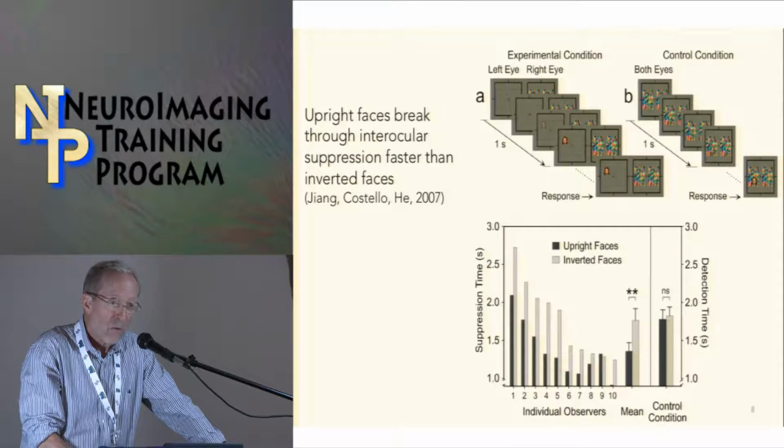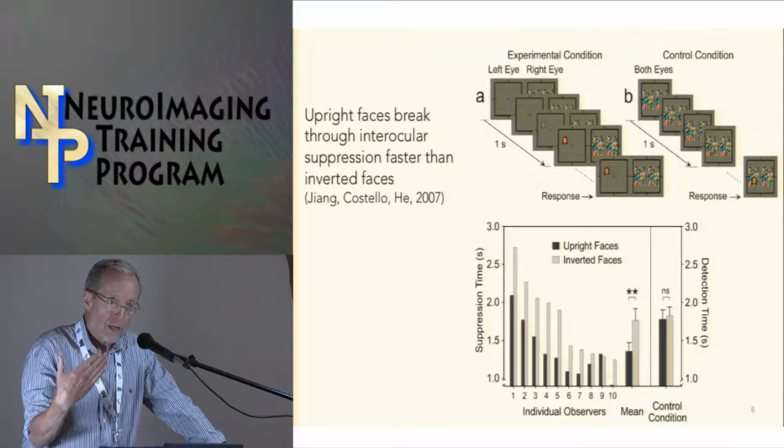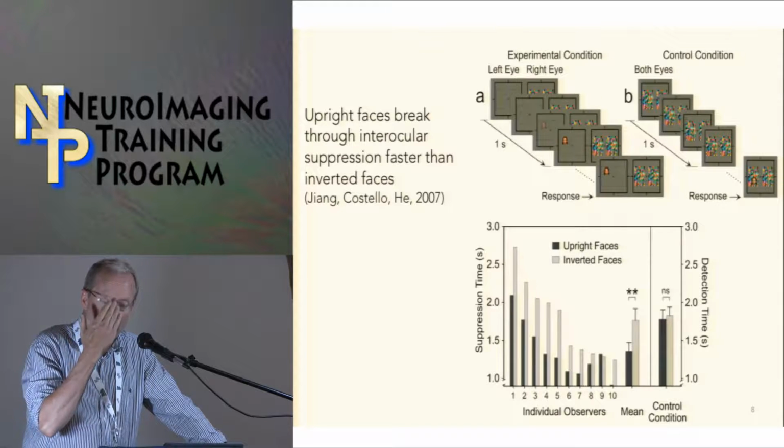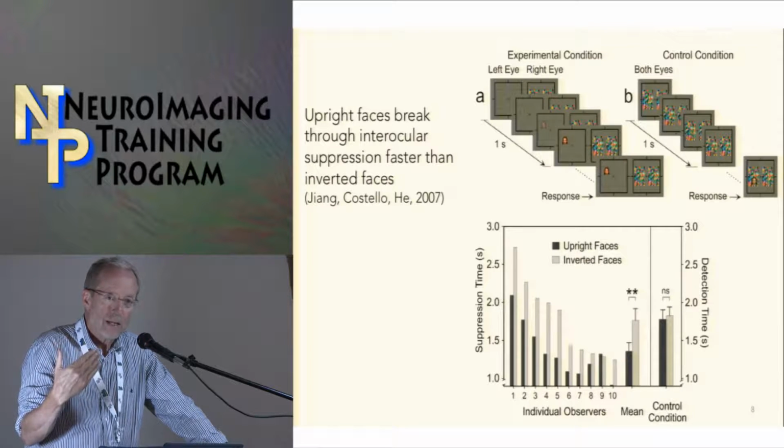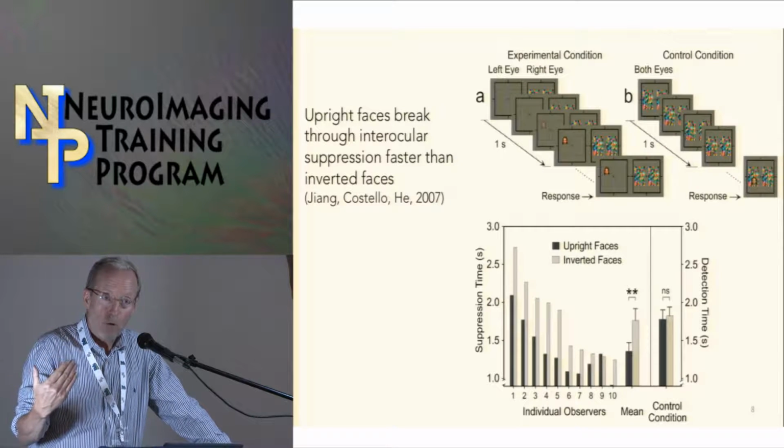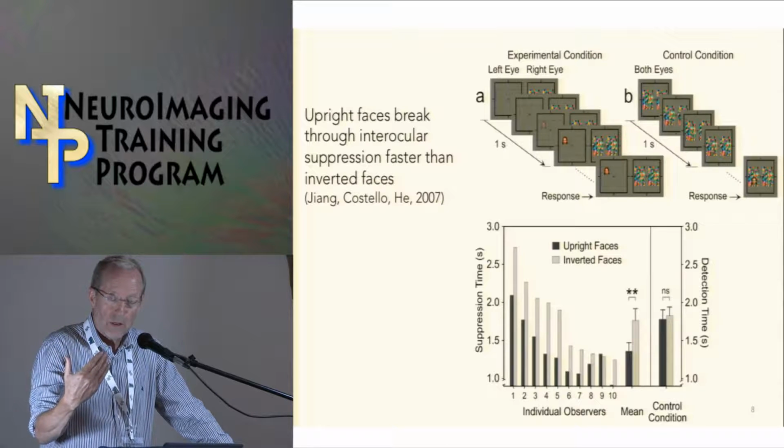So the question is, how much processing is occurring for that stimulus that's been suppressed, even though there's no conscious awareness of it? And that's usually indexed by looking at how fast that suppressed stimulus breaks through the suppression. Because the only way it's going to break through is if it's somehow being processed at a subconscious level.